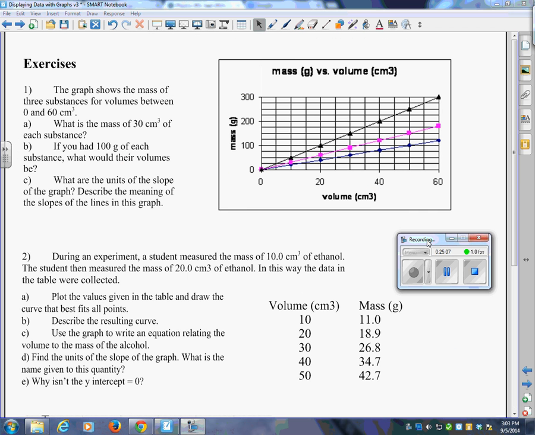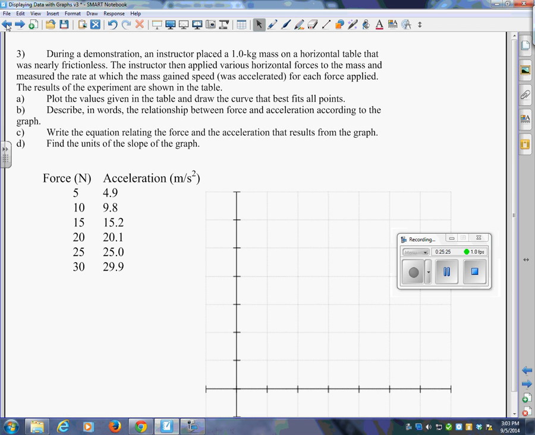Okay, this you can do. There are 3 questions, and I'm going to have to run off and pull up some graph paper for you right away. Question number 1 is easy. It's read the graph, write down some stuff. Question number 2, you're going to have to graph. Question number 3, you're going to have to graph. Oh, there's graph paper there. Do you have graph for number 2? Yeah.